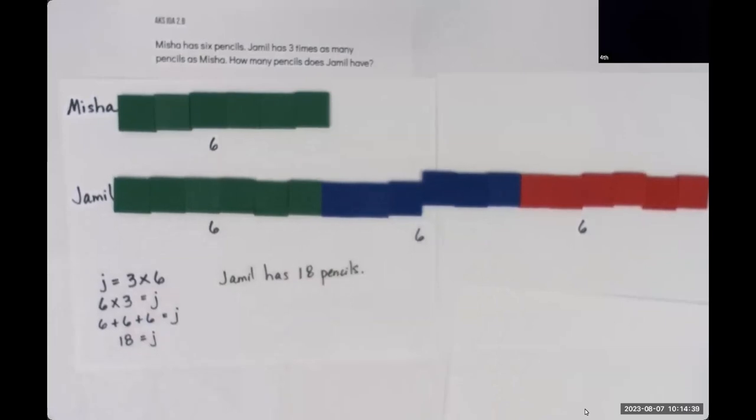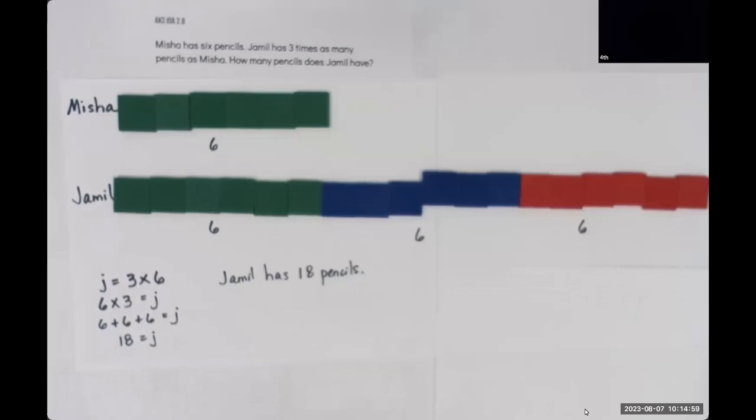Misha has 6 pencils. Jamil's number of pencils is 3 times greater than Misha's number of pencils. Right? I could also show this multiplicative comparison with a pictorial model.